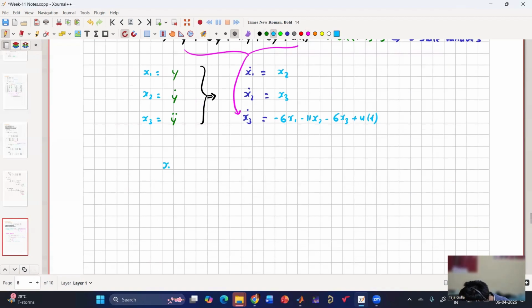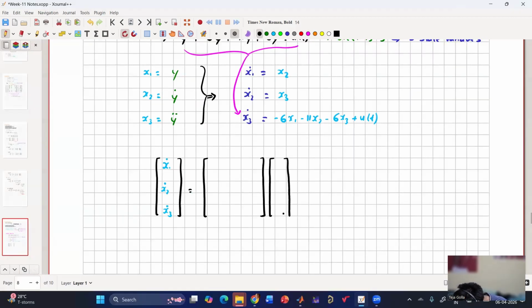So we have x1 dot, x2 dot, x3 dot, and then we have a 3 cross 3 matrix multiplied by x1, x2, x3. So this is 0, 1, 0, 0, 0, 1, minus 6, minus 11, minus 6, plus u is having a column vector, so we have 0, 0, 1 into u.